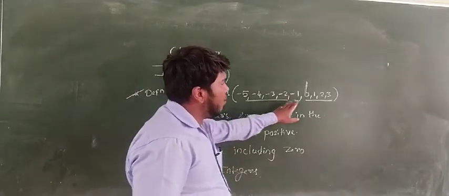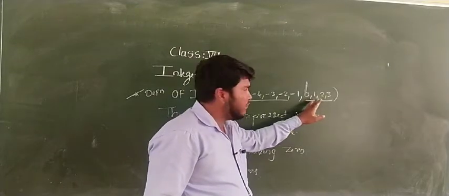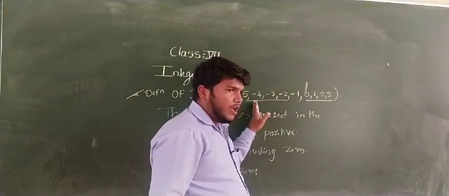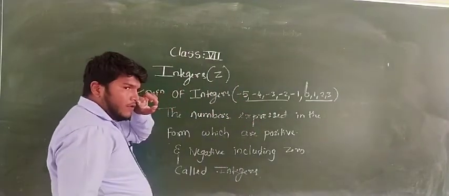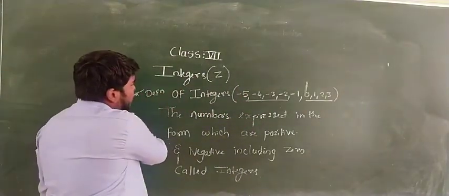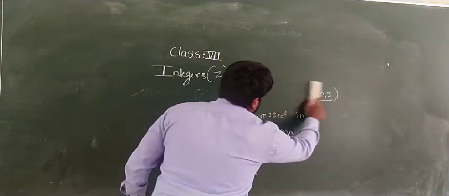The numbers on the right are positive integers, the numbers on the left side are negative integers, and it is denoted by Z. So this is the definition of integers.